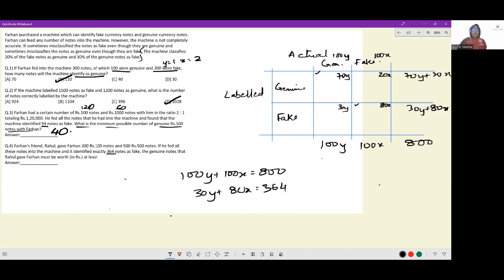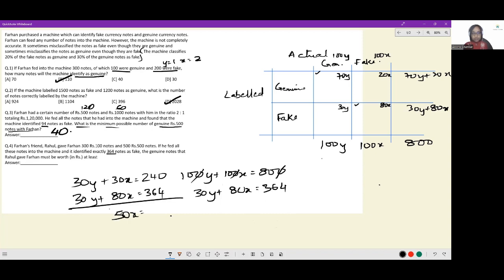The first thing I can get rid of is this. In fact, why would I get rid of everything? Let me get rid of ones and then multiply the top equation with 3. So I get 30y plus 30x. At the bottom we have 30y plus 80x. This is multiplied by 3, so 240, and this is 364. Or altogether I get 50x is equal to 124.